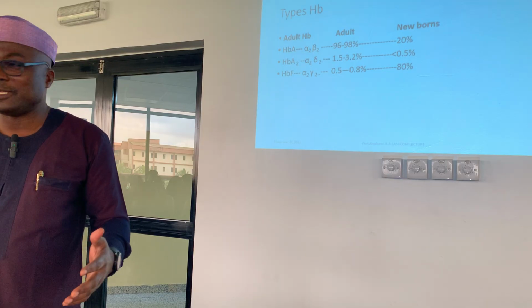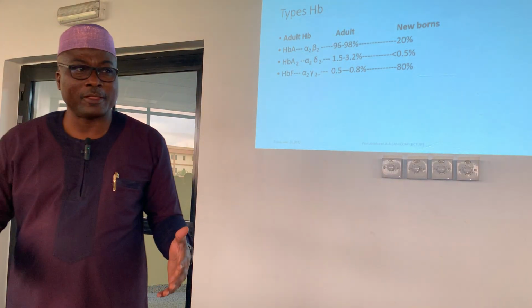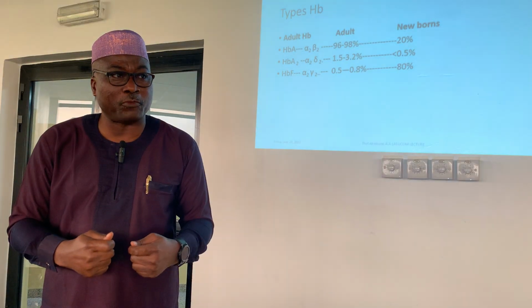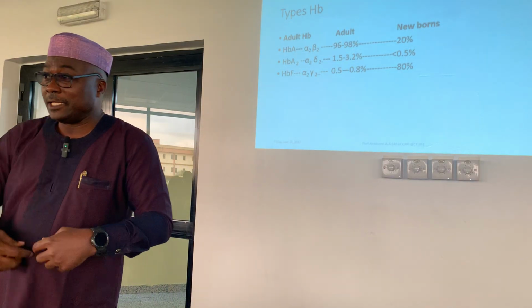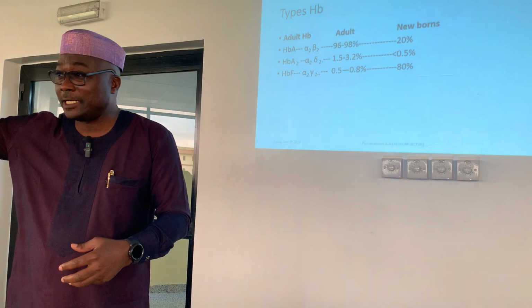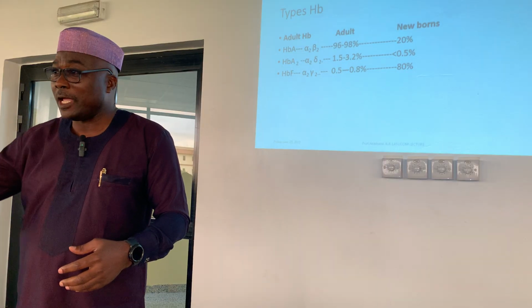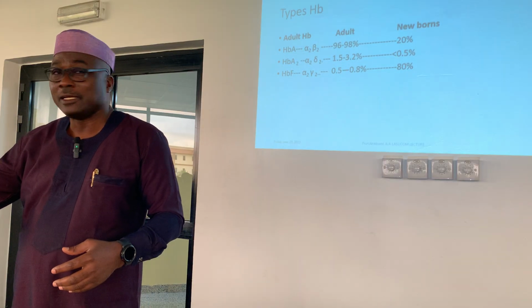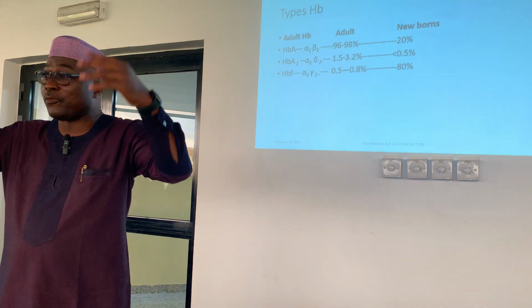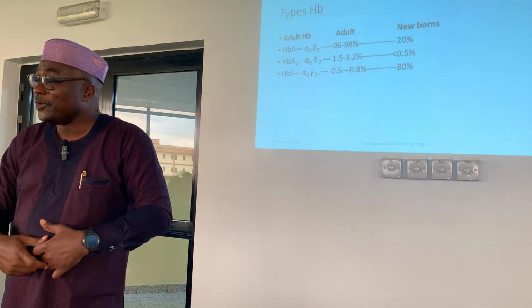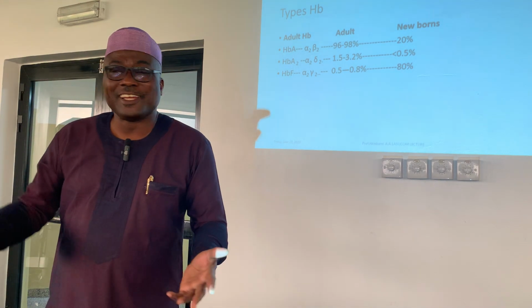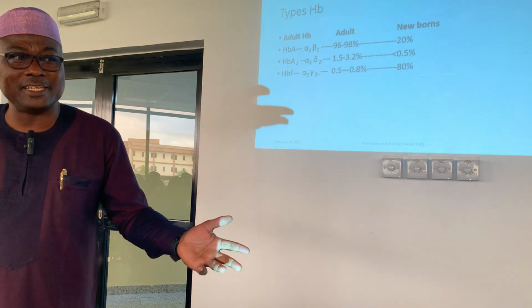Which one is higher? The partial pressure of oxygen is not very high in the womb, it is lower than outside. Why is it not higher?